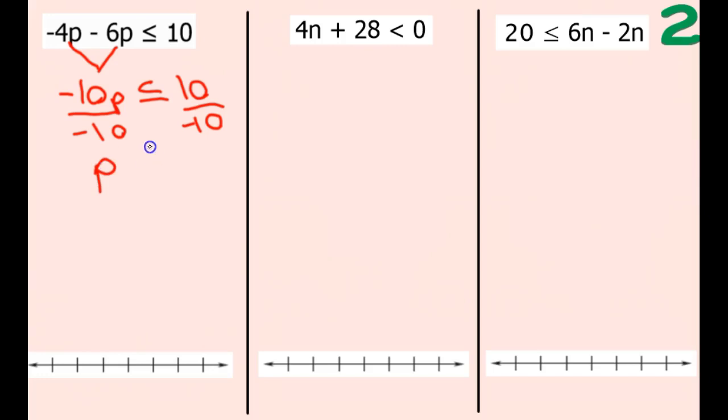P is now going to be greater than or equal to negative 1. Because we divided by a negative 10, we had to flip the sign. So this is going to be a closed circle at negative 1. 1 greater is 0, 1 less is negative 2. And our arrow is pointing to the right, so we draw an arrow to the right.